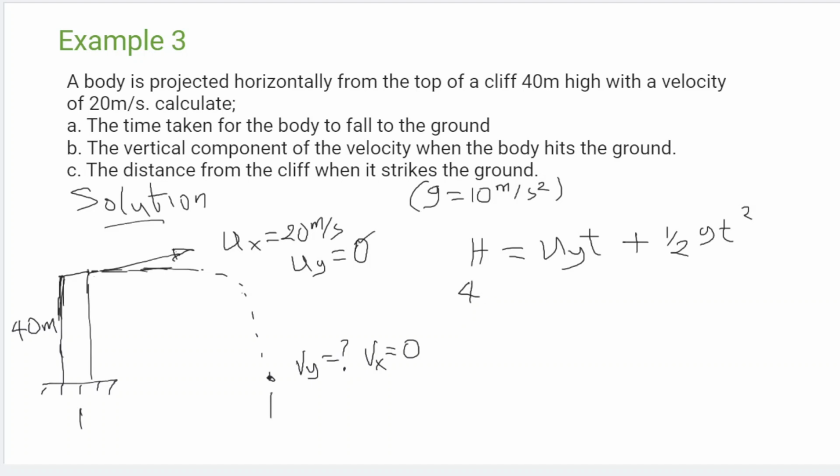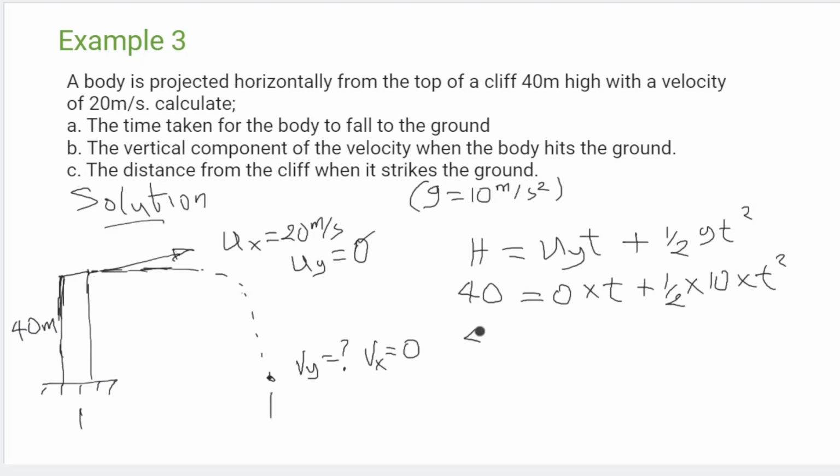So 40 is equal to u_y, and u_y is 0 initially. So 0 times t, which will give us 0, plus half times 10, and then times t squared.